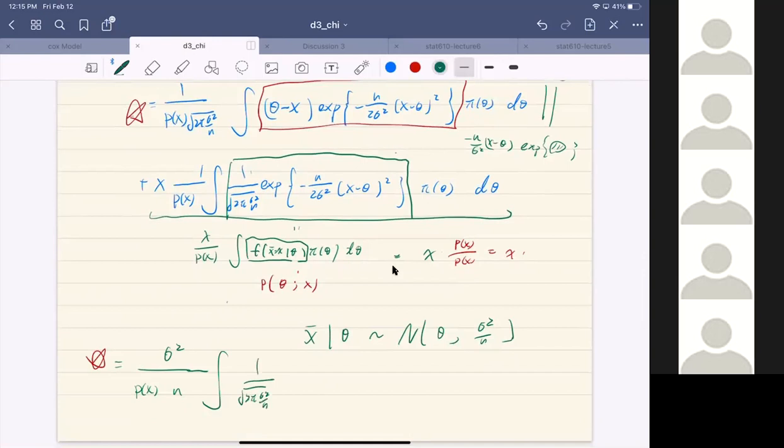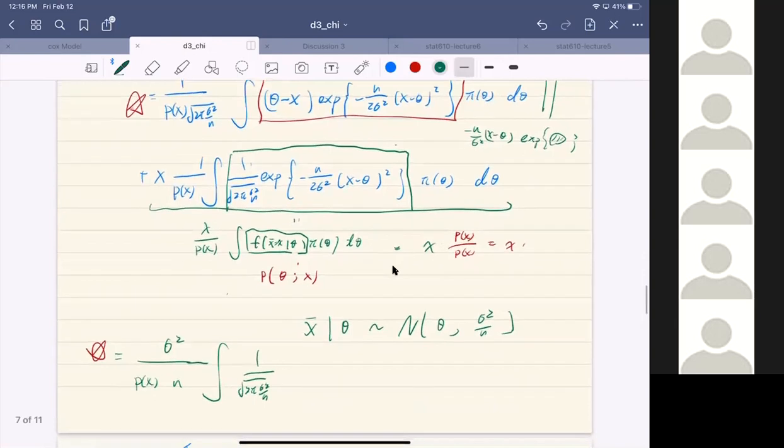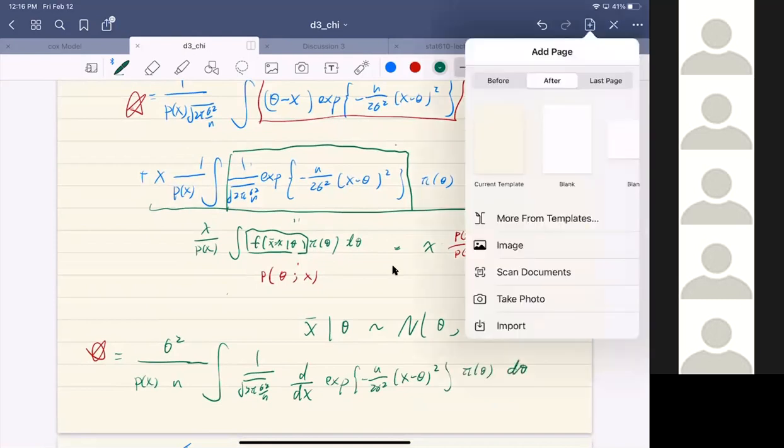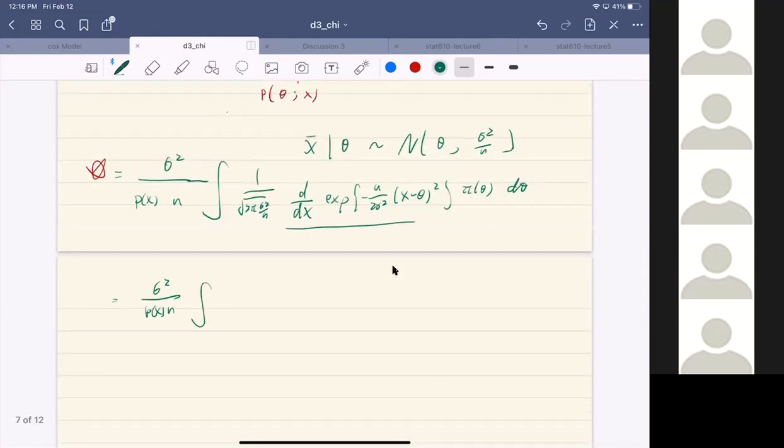I shouldn't move this constant off the integral. So d over dx of exponential, and this is equal to p of x times n, and this term we change to the density of f again.